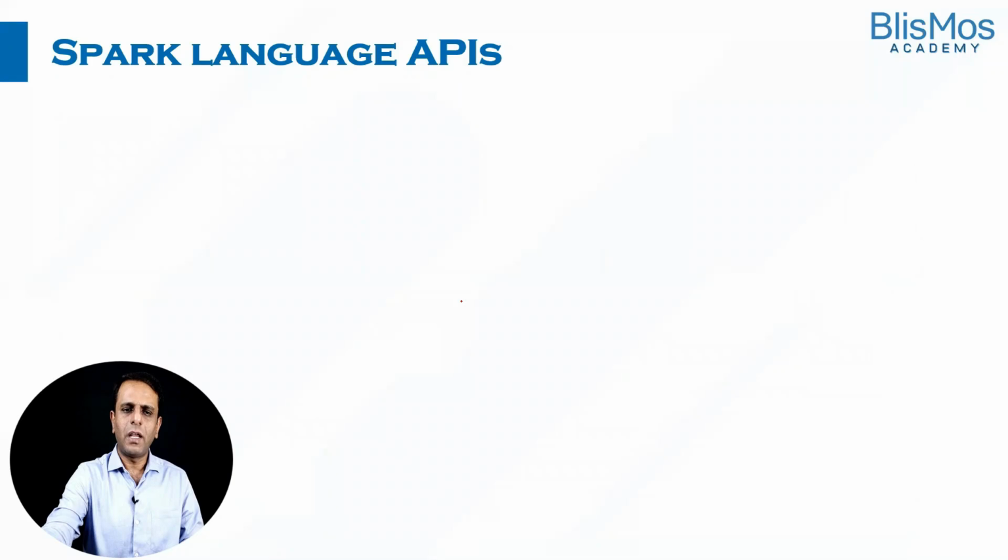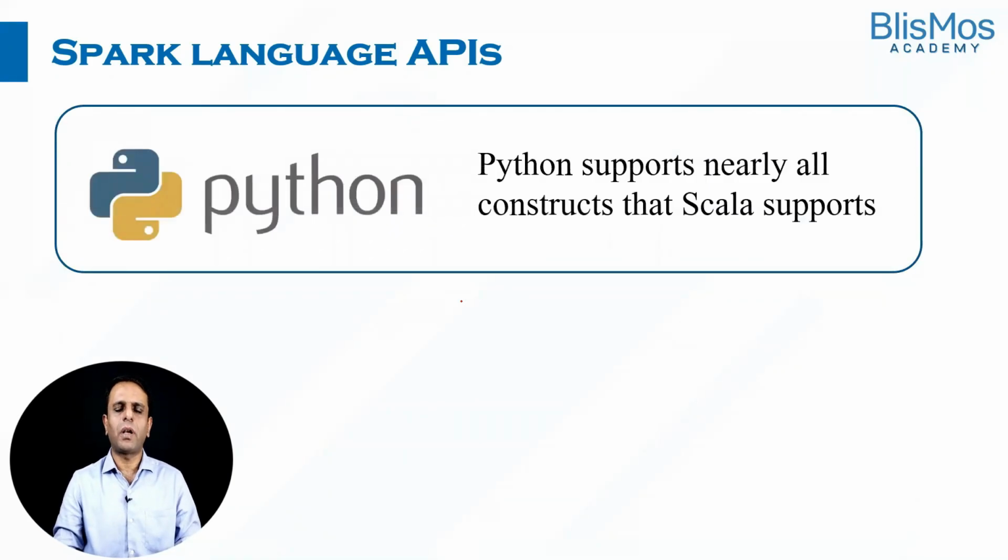Moving on, the next programming language supported in Spark is Python. As we said, Python also has a language API through which it connects to Spark. More or less, the code you can write in Scala can be replicated in PySpark by using Python code.